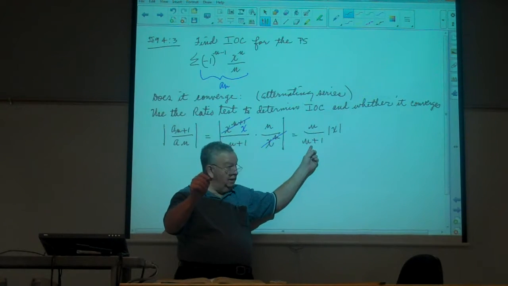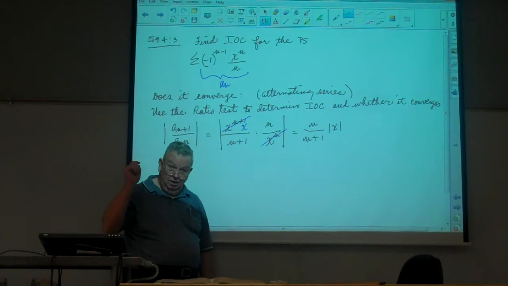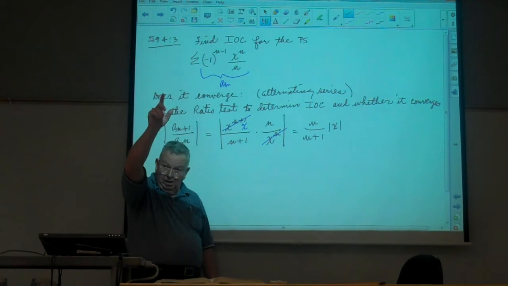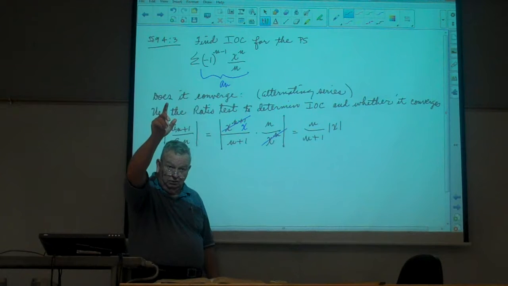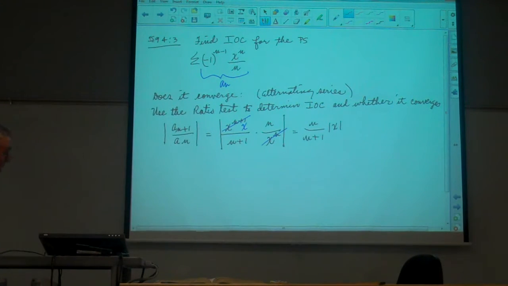Doesn't n start at 1 and go up? So they're all positive anyhow. Okay? And the x^n's canceled, so you just had x to the 1. When I took the absolute value, didn't the negative 1 go away too? Is that right? Everybody agree? So are we okay with all that?